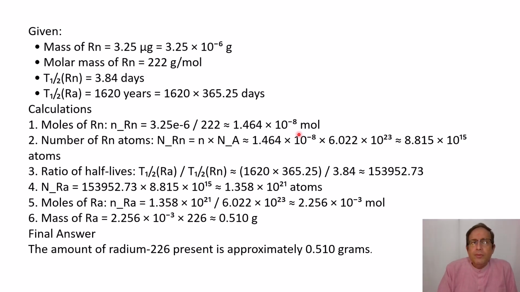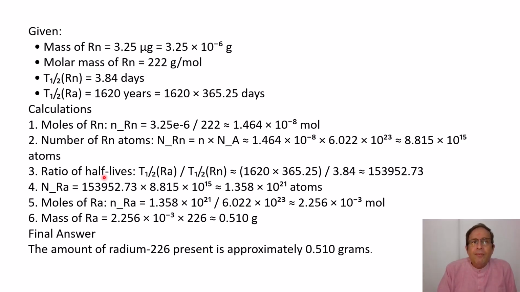From the moles of radon, you can calculate the number of atoms of radon, which is the moles times the Avogadro number, N_A. So 1.464 times 10 to the power minus 8 times 6.022 times 10 to the power 23 gives us 8.815 times 10 to the power 15. This is the number of radon atoms.